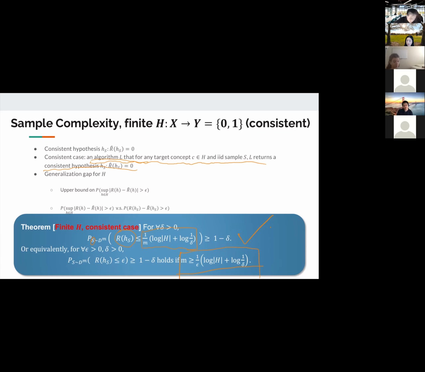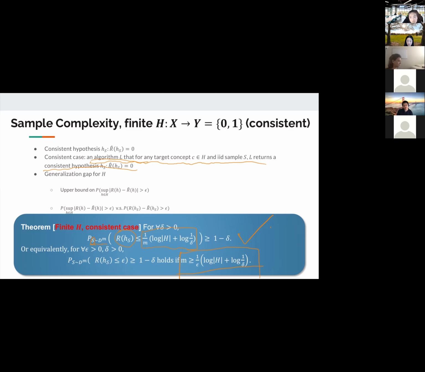Oh, wait, I thought it was computed over the test data, not the training data. Like the training data is the given. So this probability of S being drawn from D to the m basically means that each sample is drawn from an underlying distribution m times IID.